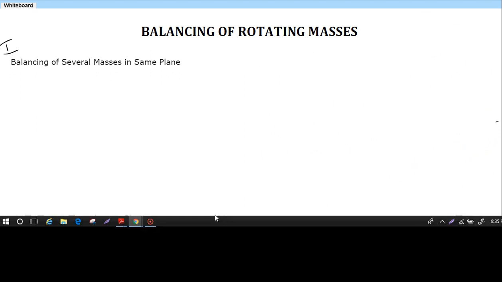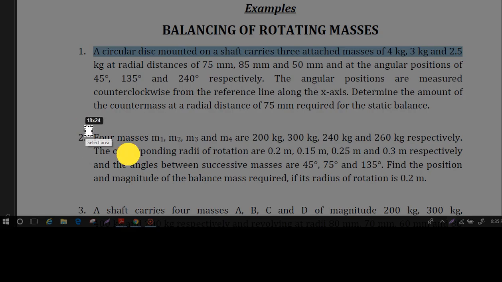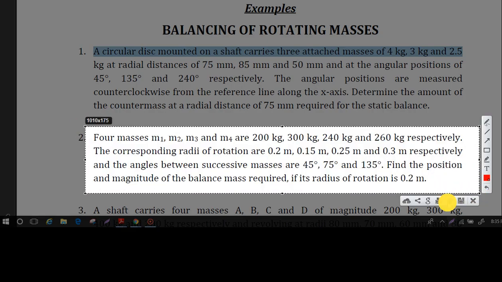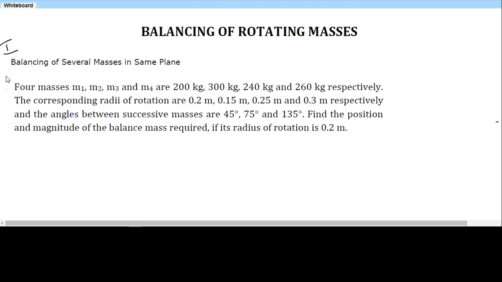Okay, so let me place a question. This will be the first question, and also the first question for the assignment. Four masses M1, M2, M3, and M4.